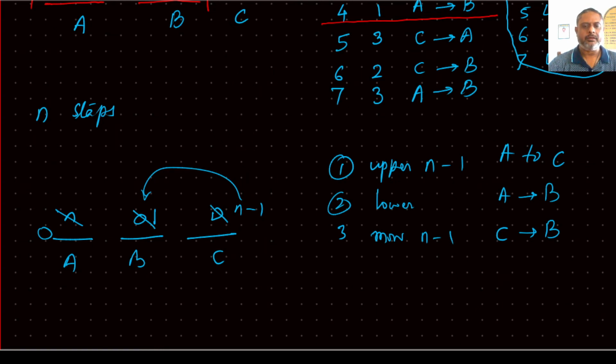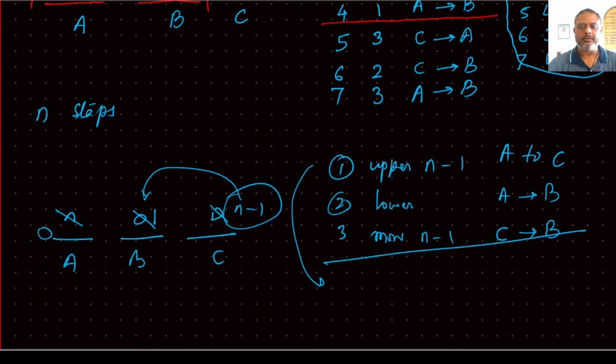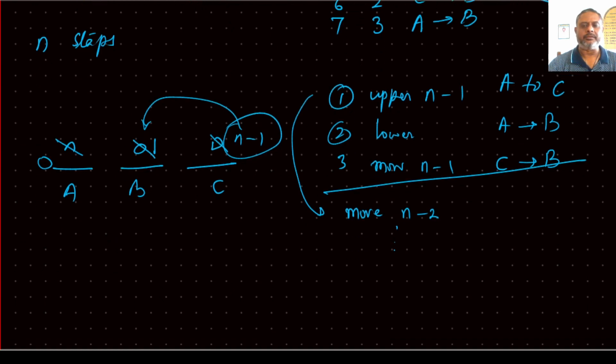Then now the question comes is, how do you move this n minus 1 here? Yeah, so to move this n minus 1, then you continue to move n minus 2. So out of n minus 1, move n minus 2 and then continue the process. So that is recursion.